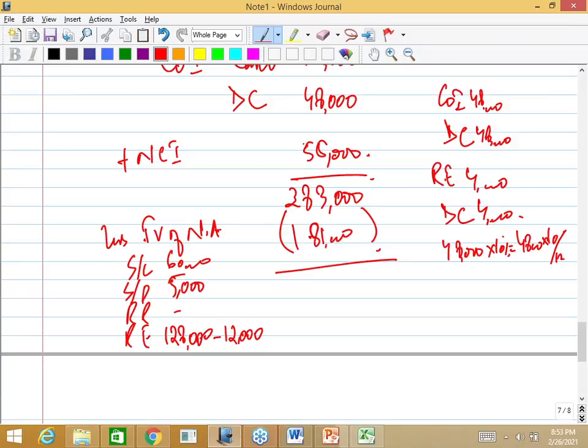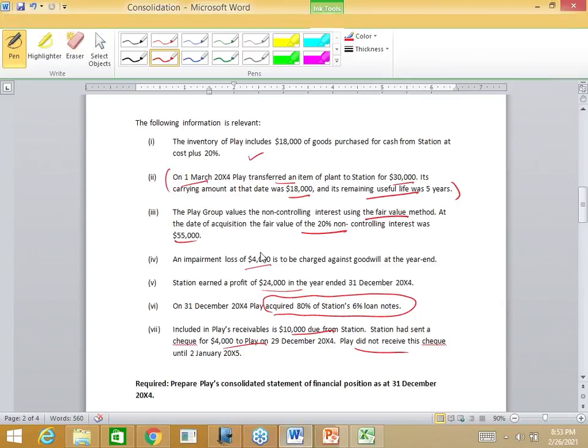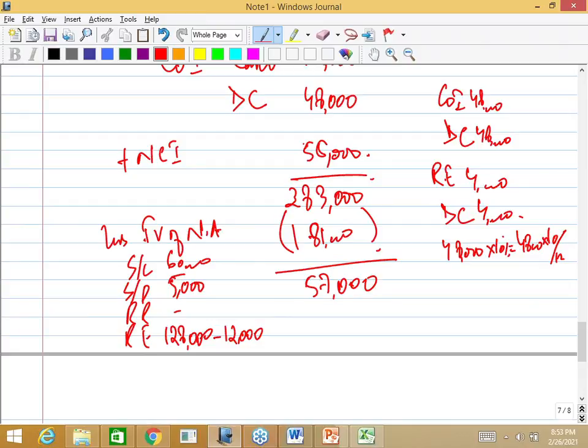And the goodwill figure will be 57,000. And sorry, the impairment loss is 4,000. The goodwill after the impairment will be 53,000.